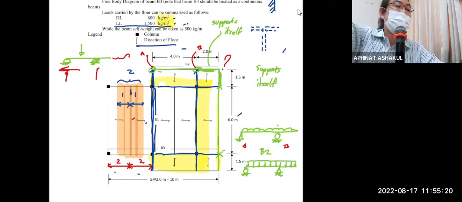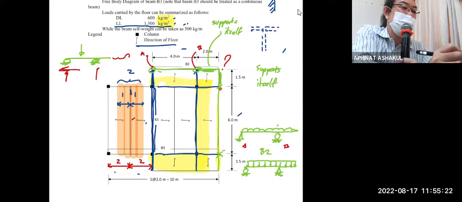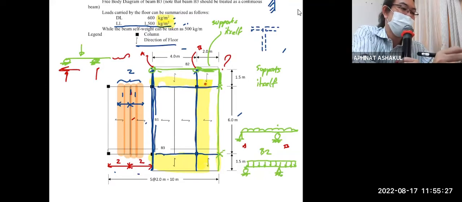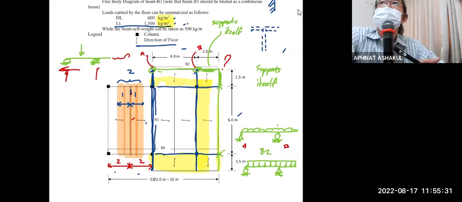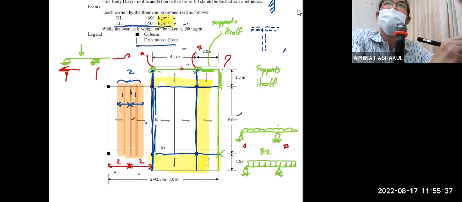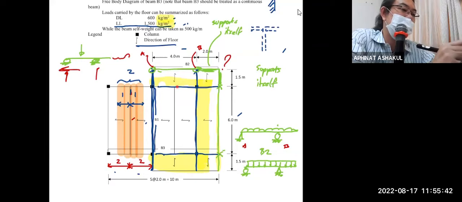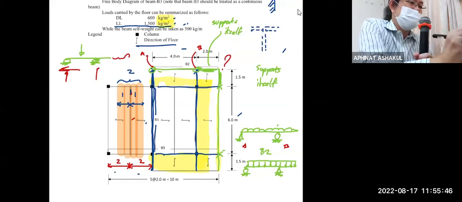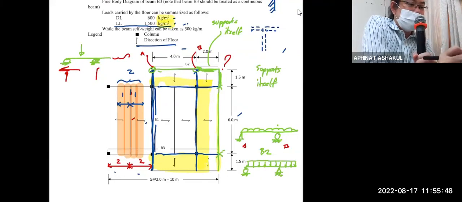And then another half will go on to this blue beam, which actually is B3. Can you feel it? Half the floor will be supported by B2. Another half of this floor will be supported by this blue beam, or B3. So we can safely say this is the tributary width.